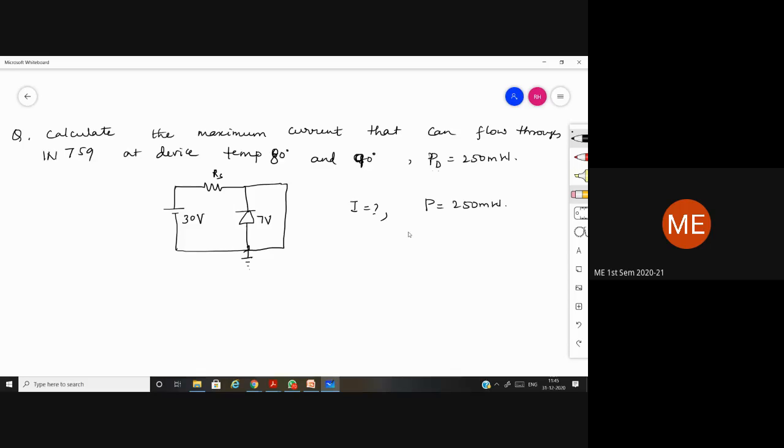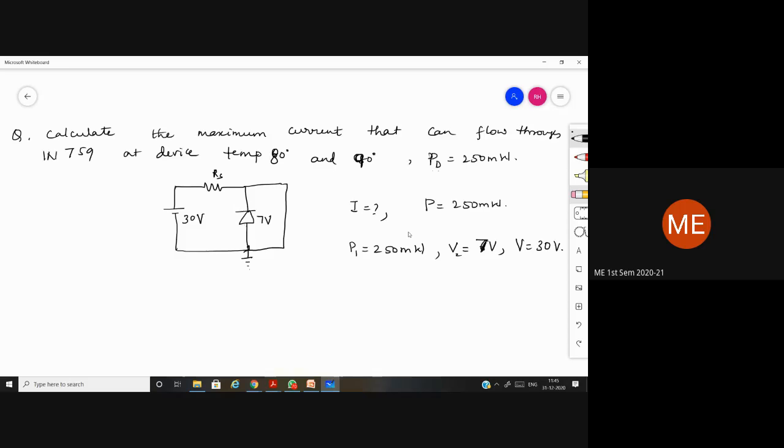So we can take P1 as 250 milliwatt, and the diode voltage can be taken as VF or VZ, anything, 6 volt, and 7 volt, and input voltage is 30 volt.